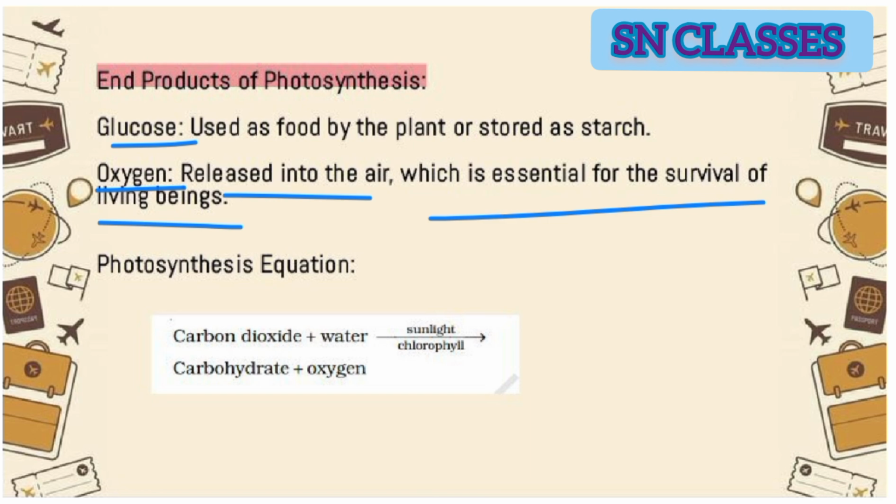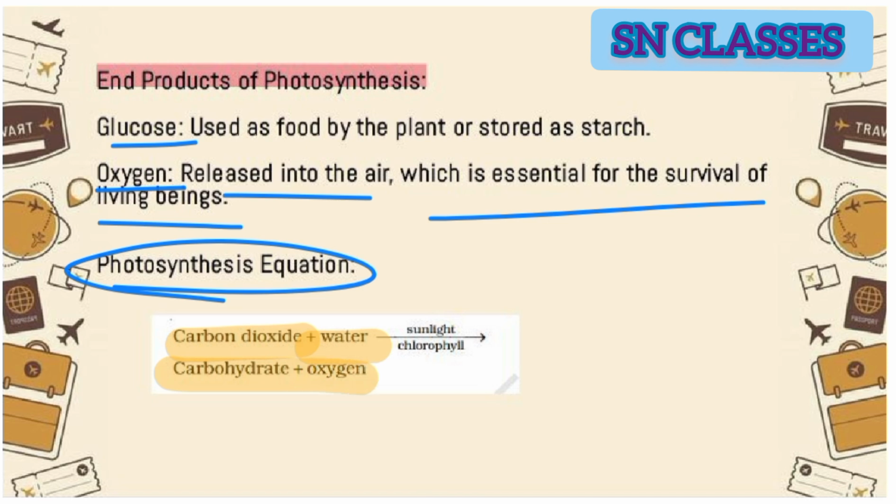Now let us see the equation of photosynthesis. So what is the main equation of photosynthesis? Carbon dioxide plus water is converted into carbohydrate and oxygen with the help of sunlight and chlorophyll.